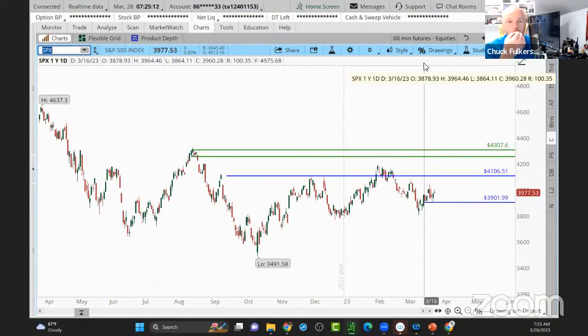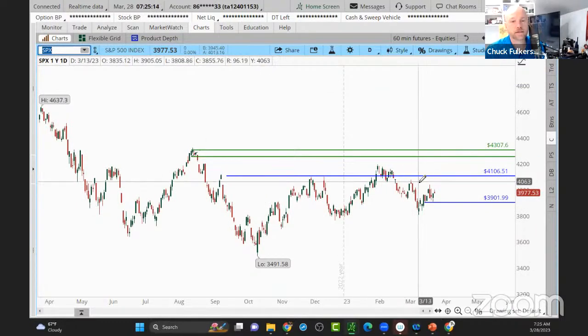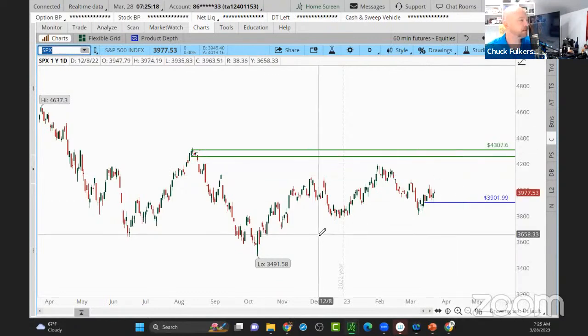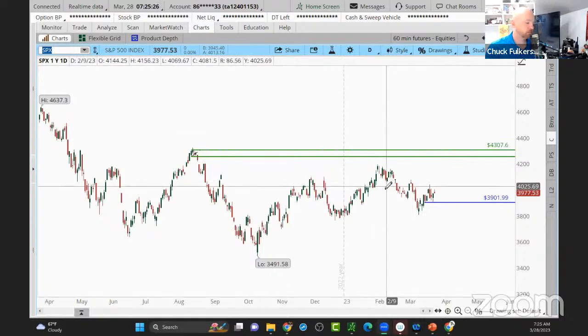If I look at the whole market in general on the SPX, what is my daily trend direction? Well, it's still down. My daily trend direction, if I just use swing highs and swing lows.